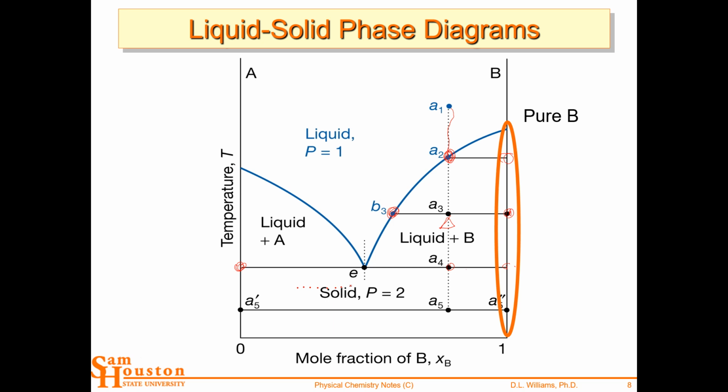And so then we have a lever rule between pure A and pure B. So we have mostly B and little bits of A precipitating out and making a solid. And it will sit there at the eutectic temperature until all the A is solid, and then we're just cooling the solid. And you don't have any composition changes from here on down because it's solid B and solid A at the proportions given by the lever rule.